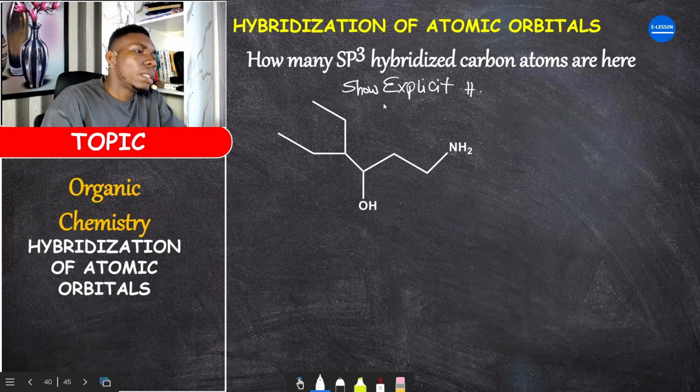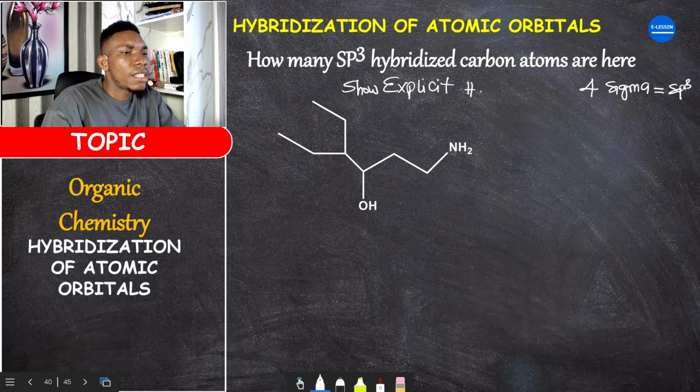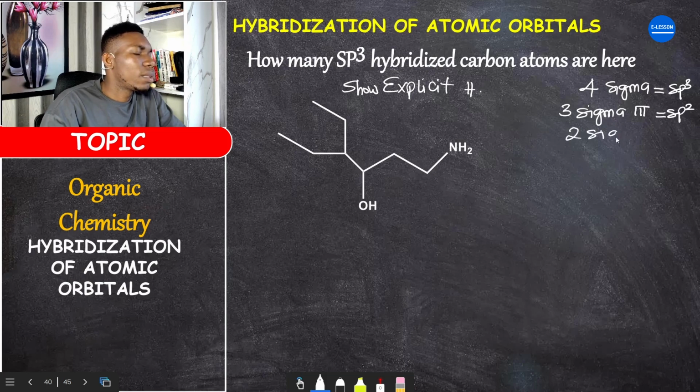Then 2, you should know that if you have 4 sigma bonds, the hybridization is sp3. If you have 3 sigma, 1 pi, the hybridization is sp2. If you have 2 sigma, 2 pi, the hybridization is sp.